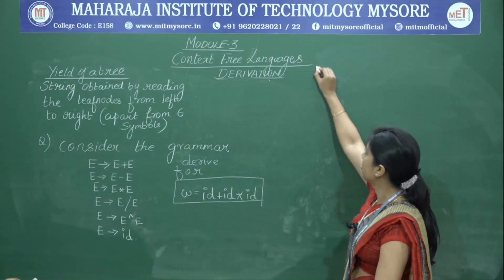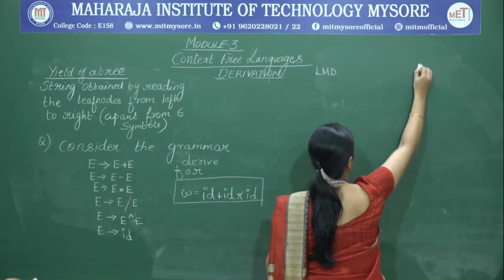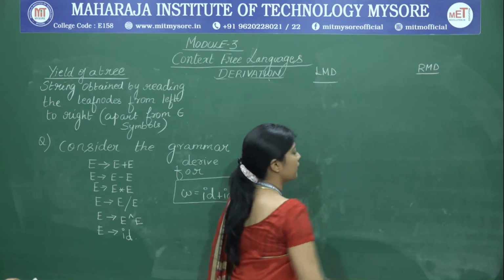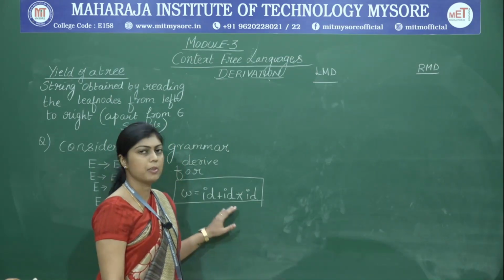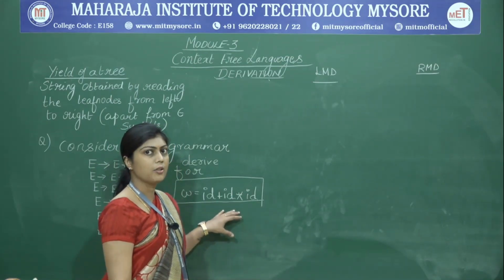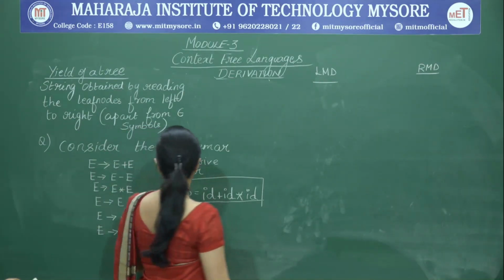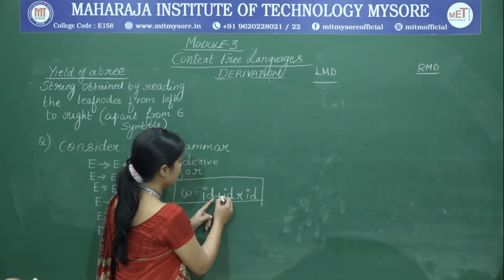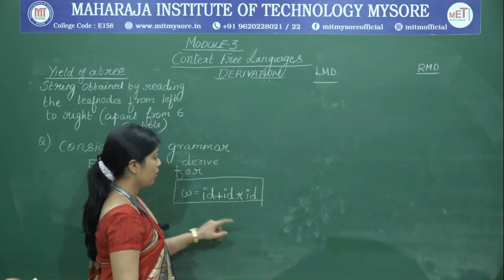First we will do the leftmost derivation, and next we are going to do the rightmost derivation. Every time we do a derivation, we have to keep in mind what exact string we are looking for. For the leftmost derivation, we have the plus operator and the multiplication operator.